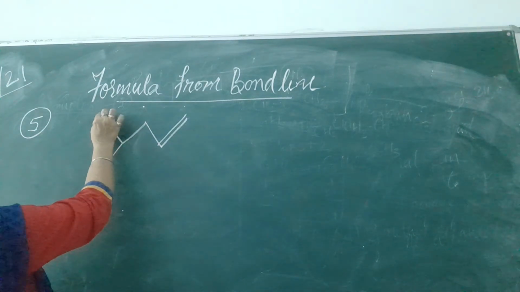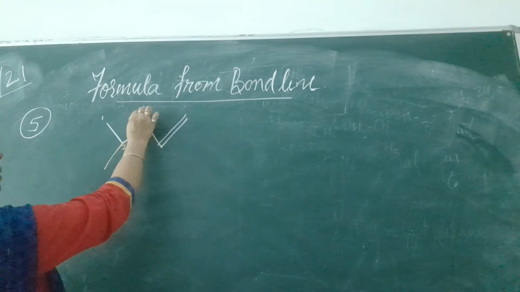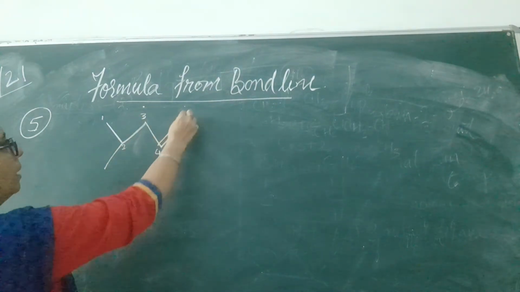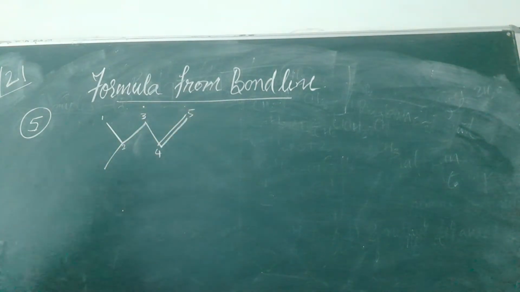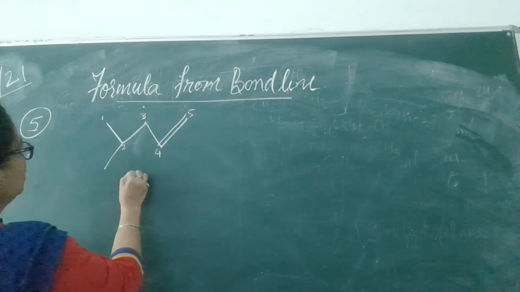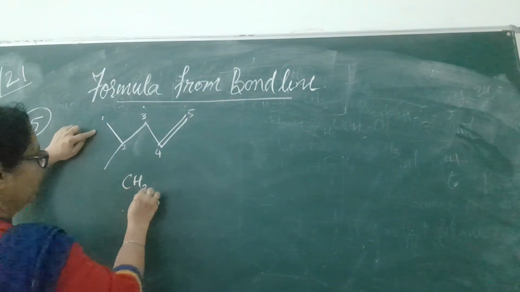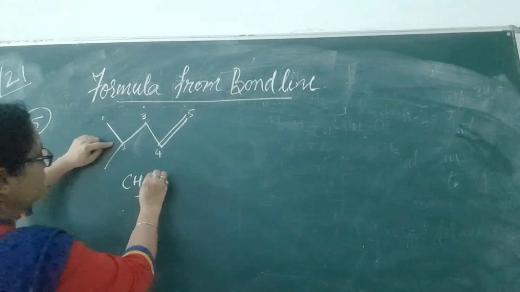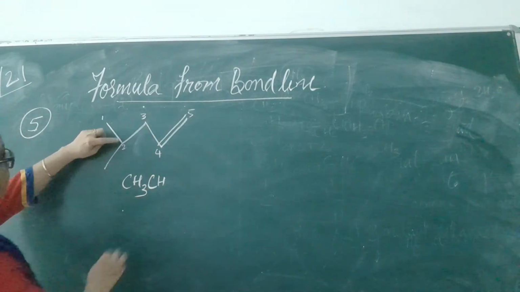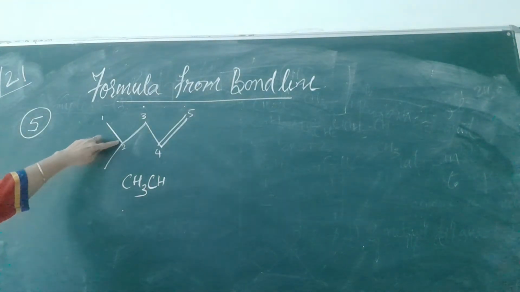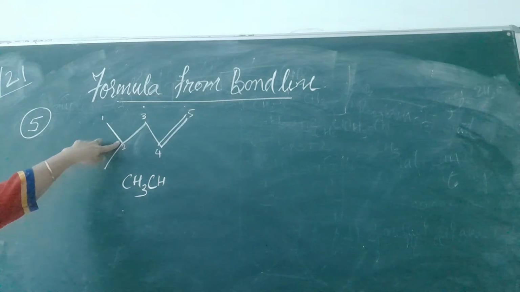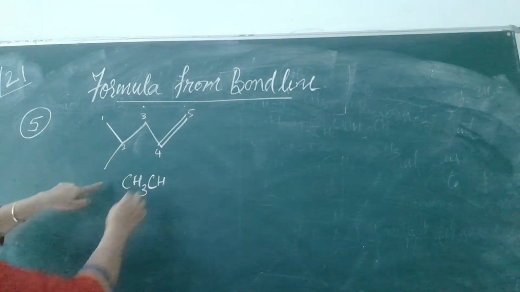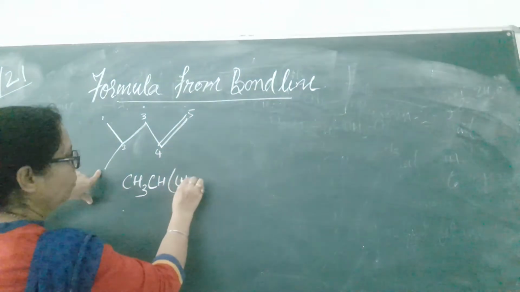So if I consider this first carbon, second carbon, third carbon, fourth carbon and fifth carbon, then a 5 carbon chain is there. So to the first carbon a CH3 group is attached, and to the second carbon 1 hydrogen, because 3 bonds you can see, and 1 hydrogen must be there which is not mentioned. So in that CH, 1 methyl group is attached.